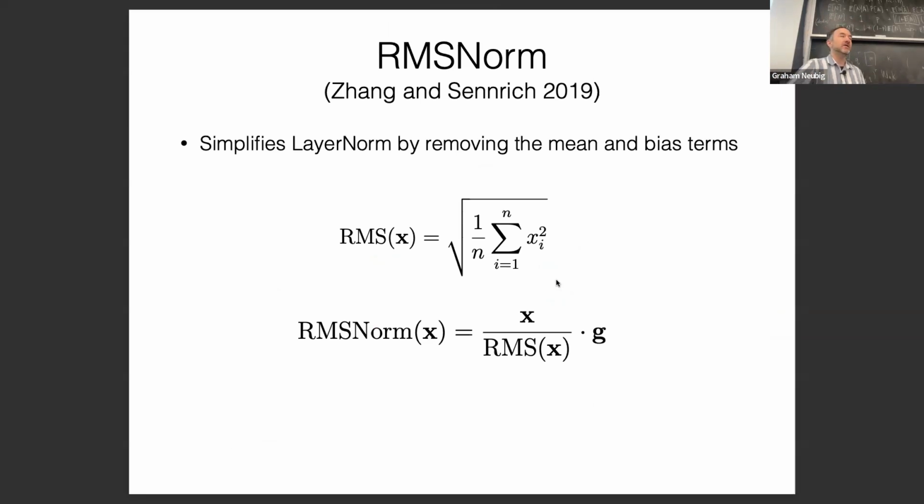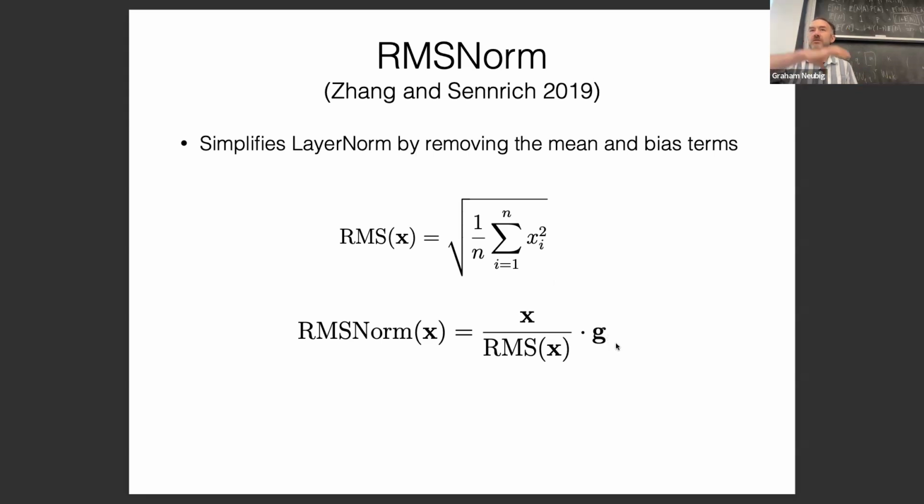Another popular variety that's used pretty widely now is the RMS norm. RMS norm has the same objective as layer norm, but it aims to be simpler, so it essentially just removes the mean adjustment. It takes something that looks like the variance, divides by it, and multiplies by a gain.